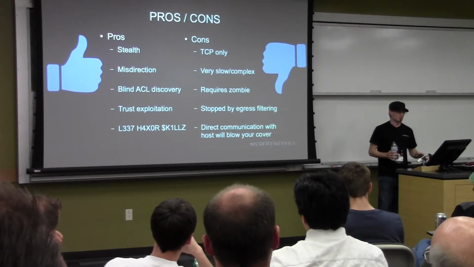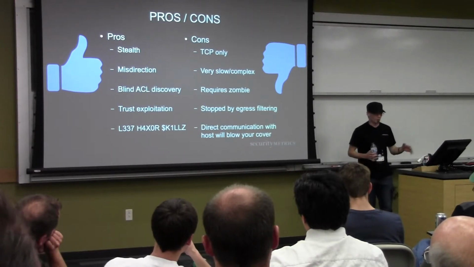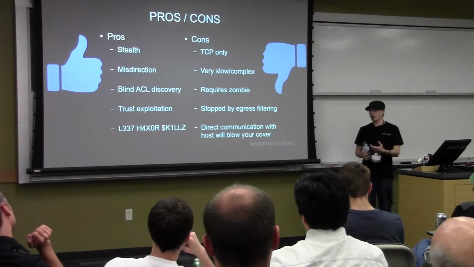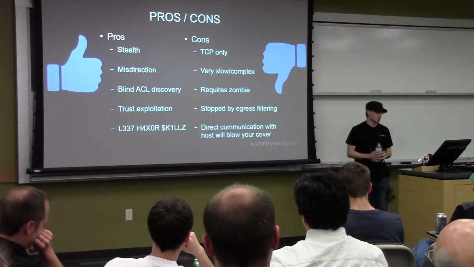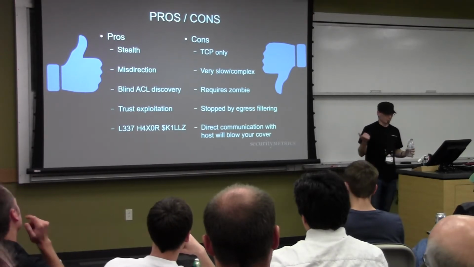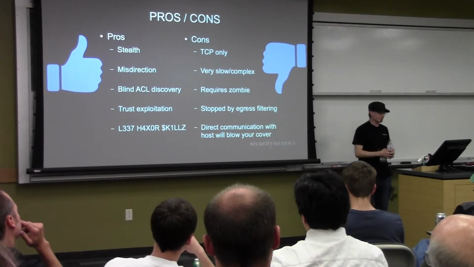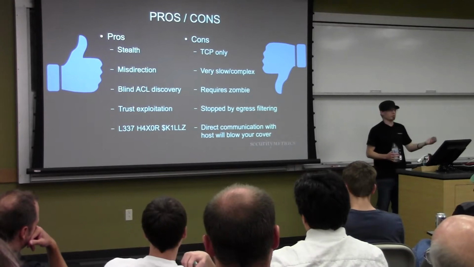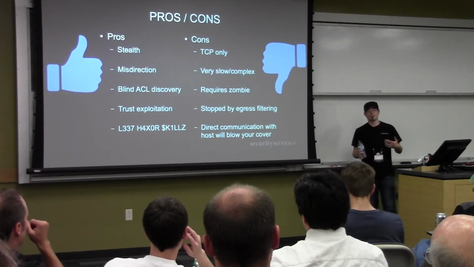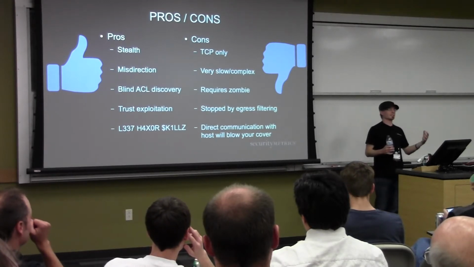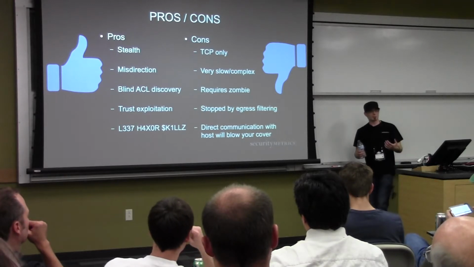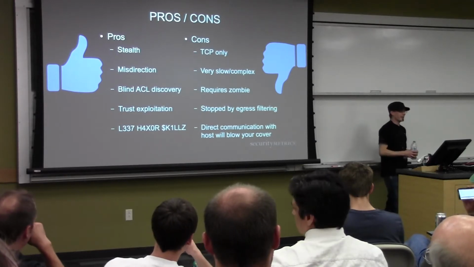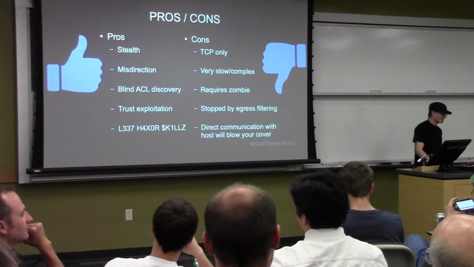It's very slow, and it's a lot more complex kind of scan. It does require an idle zombie host. Completely shut down by egress filtering, and any direct communication with your target blows your cover. That's assuming that you're dealing with sysadmins that actually check packet logs, so that may not be as much of an issue.